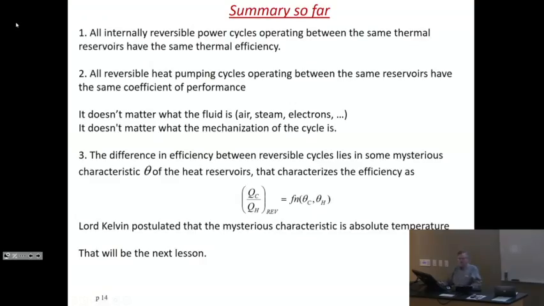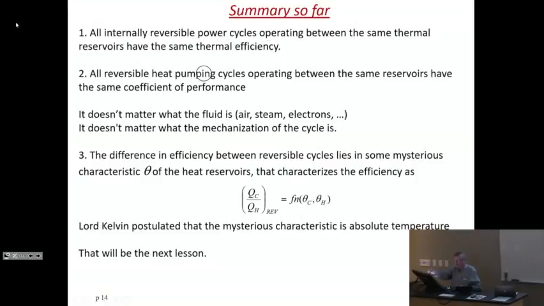So let's go through the summary of everything we have learned so far in this lecture. First of all, we talk only about internally reversible cycles. All internally reversible power cycles operating between the same thermal reservoirs have the same maximum thermal efficiency.